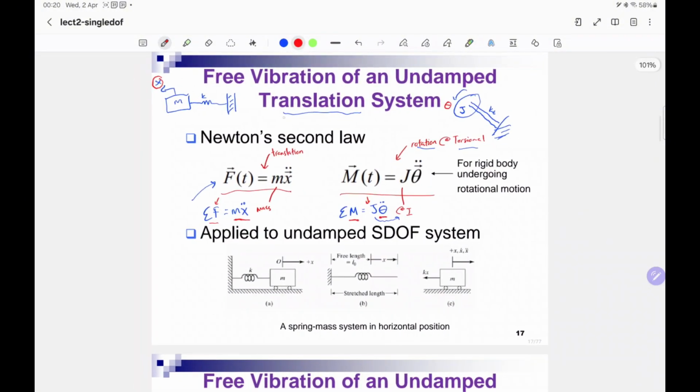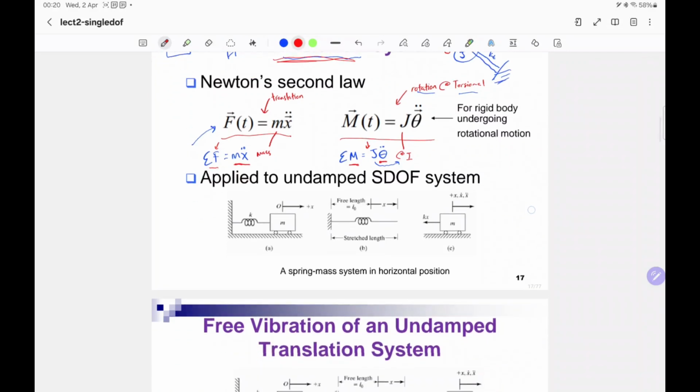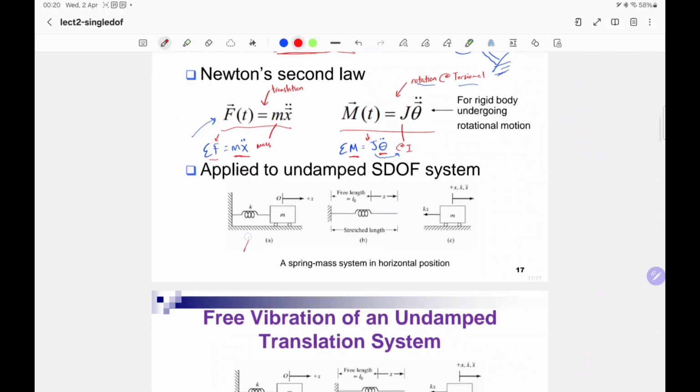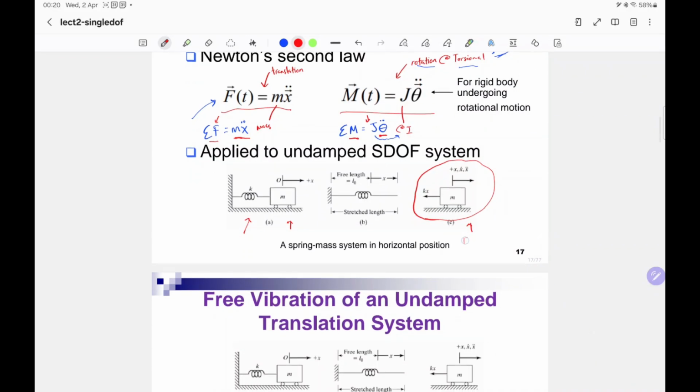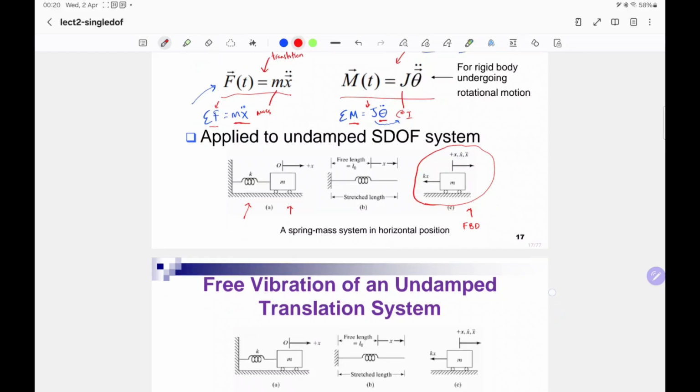Alright, so now let's focus on translation system. This is the equivalent spring mass diagram, and when we draw the free body diagram, it becomes like this. If you can see here, since we don't have any external force, this is the case for free undamped vibration system.